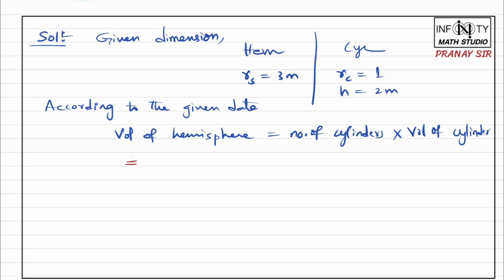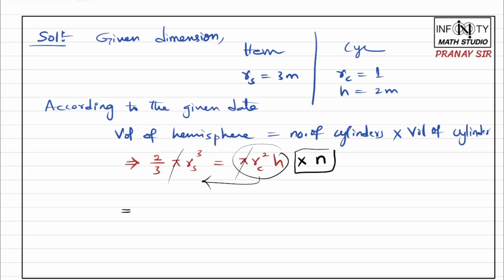Now here we write the formula: 2 by 3 pi rs cube is equal to n pi rc square h. Now cancellation, pi gets cancelled. We are left with the number of cylinders as n. In order to find this n, we transpose this to LHS. So it becomes 2 by 3 into rs, which is 3 meters, so 3 into 3 into 3.